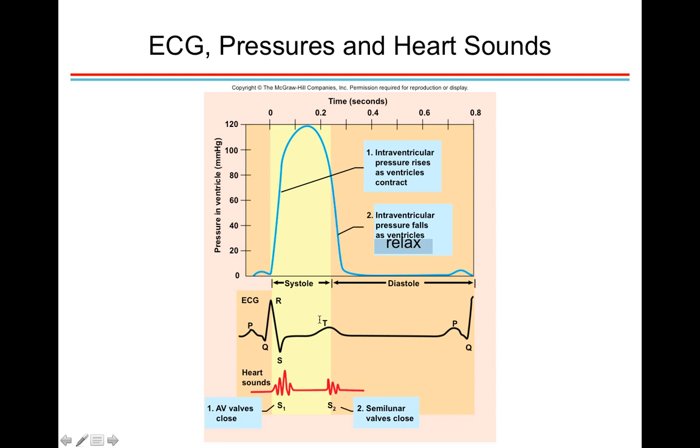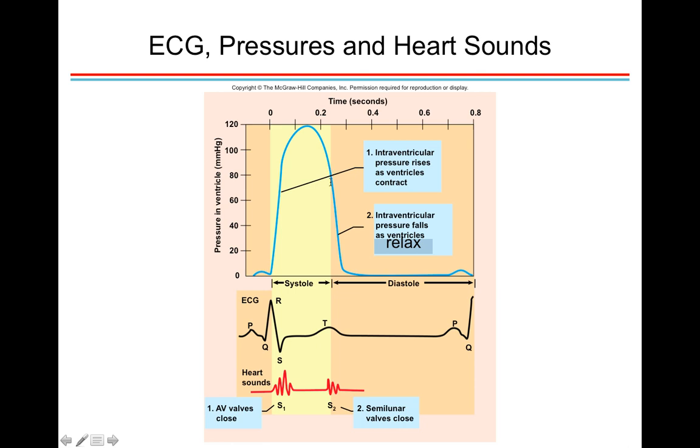And as it's contracting, the intraventricular pressure is going to rise. And that means when it gets over 80, which is the pressure found in the aorta, the blood in the ventricle is going to be ejected into the aorta. And as it does, the pressure is going to be coming down and then releasing.